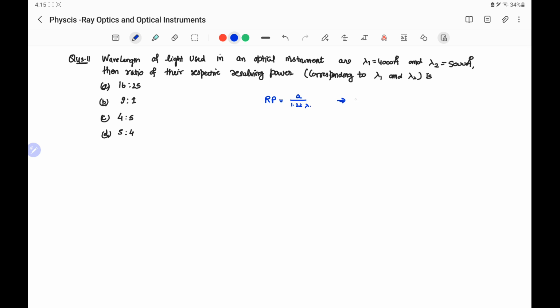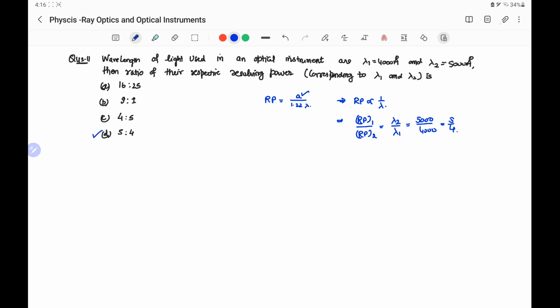This implies that for the same diameter A, resolving power is proportional to 1 by lambda. Hence, the ratio of resolving power for lambda 1 and lambda 2 is equal to lambda 2 by lambda 1. Lambda 2 is 5000 and lambda 1 is 4000 angstrom, so it will be simply 5 by 4. Hence option D is the correct option.